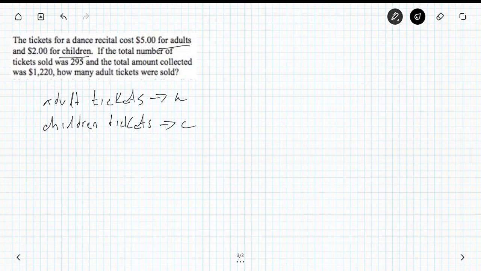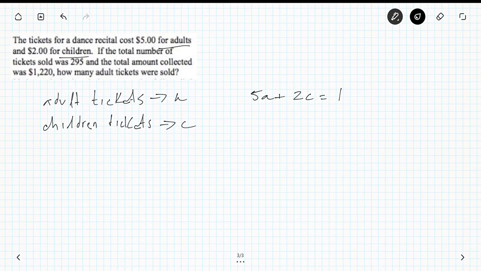Okay, and how much are the adult tickets worth? So I'm going to multiply that unknown A by 5 because that's how much it's worth. So 5 times A plus 2 times C. Okay, and since we're dealing with money, we're going to equal it to money as well. So how much did they sell in total? How much money was collected at the end?